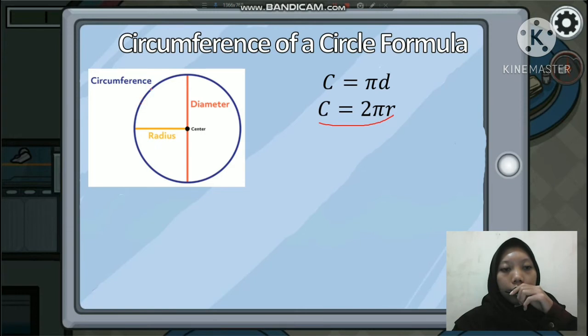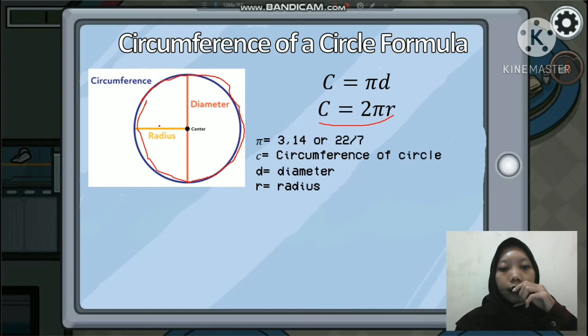I want to explain it again. For pi, we use 3.14 or 22 divided by 7.